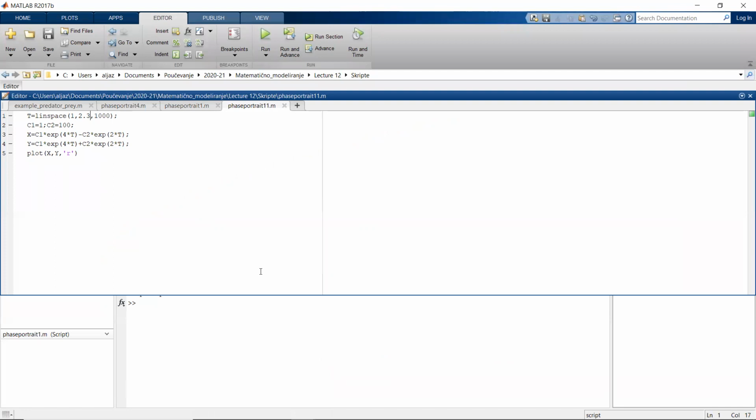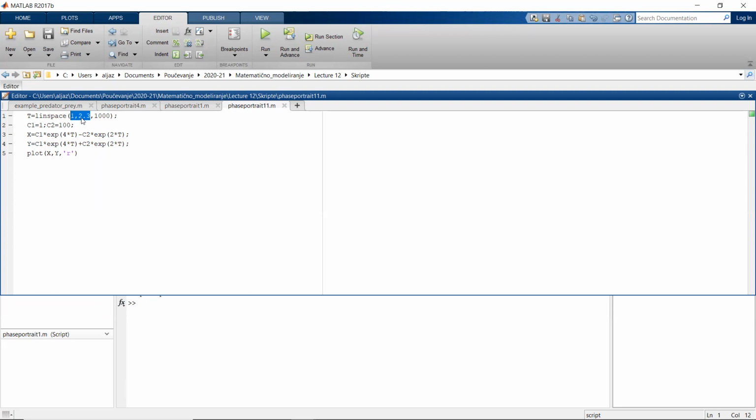Okay, you see, sometimes it's easier to know the general picture than to figure out the solution just by drawing the solution, because it's difficult to know the appropriate interval on which we should plot the solution. But once we know what kind of solution we expect, then we can just vary the interval to look at the specific part of the solution.